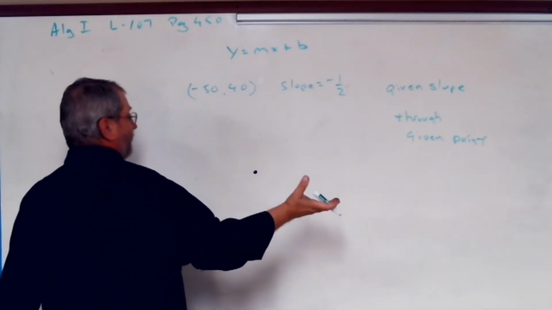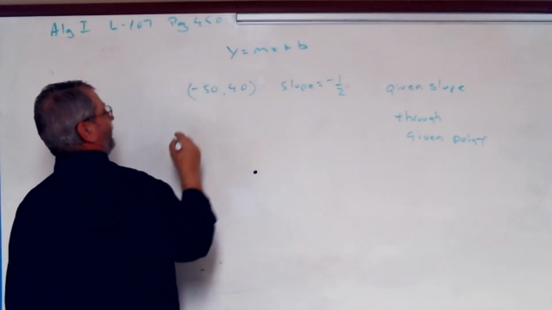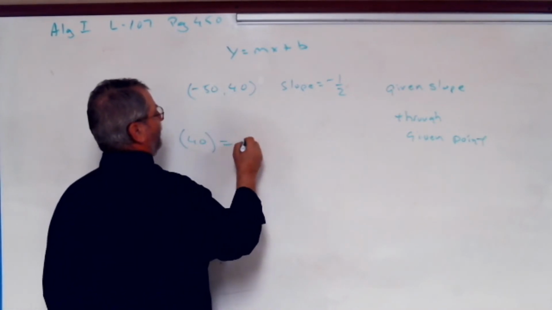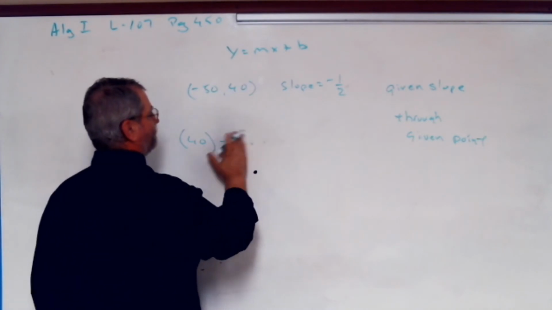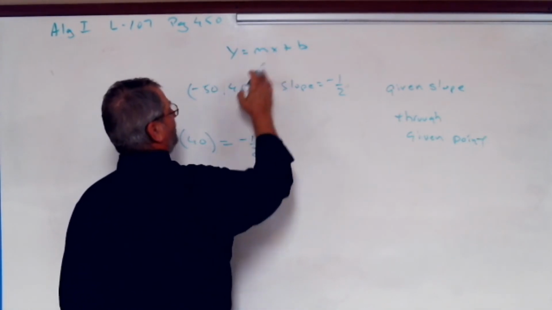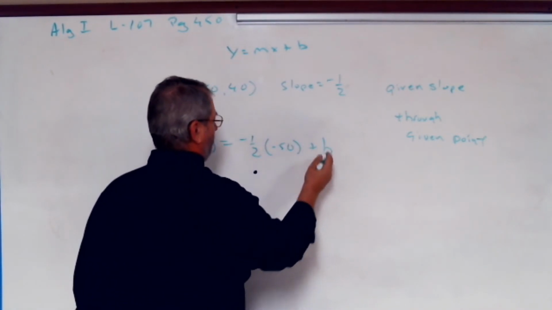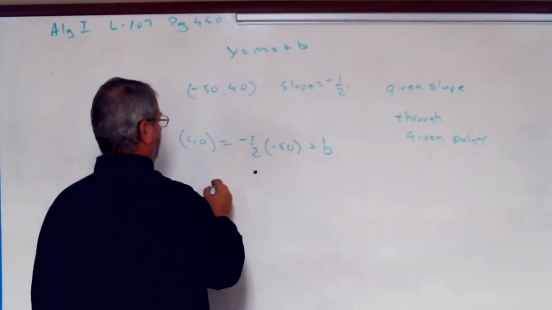Okay, all we have to do is put the slope in, put the x there, put the y there. So it's going to look like this: 40 equals -1/2 times -50 plus b. Negative times negative is a positive. Half of 50 is 25.